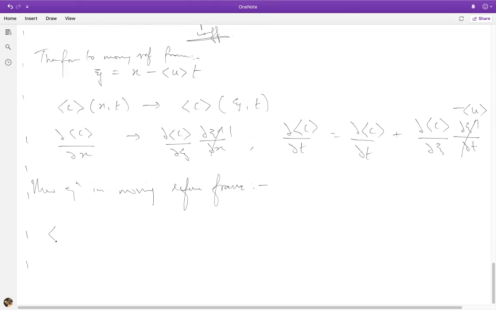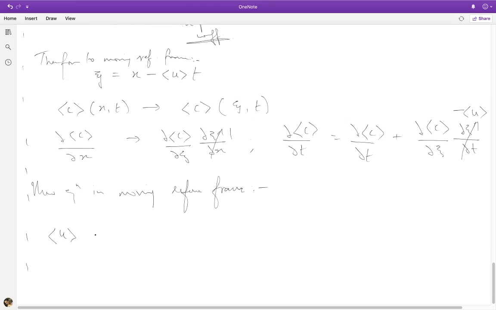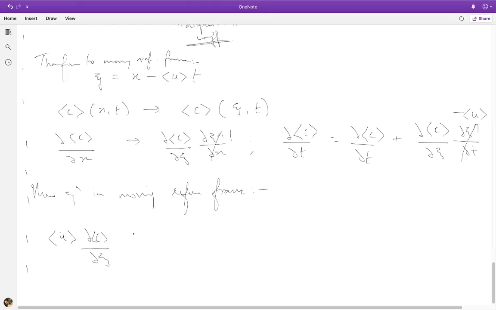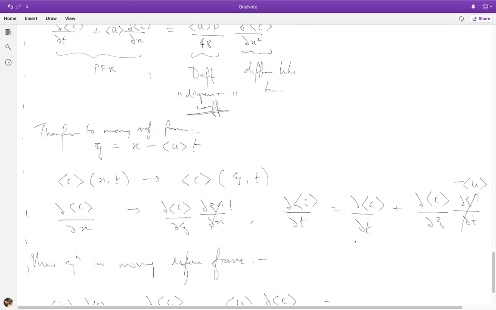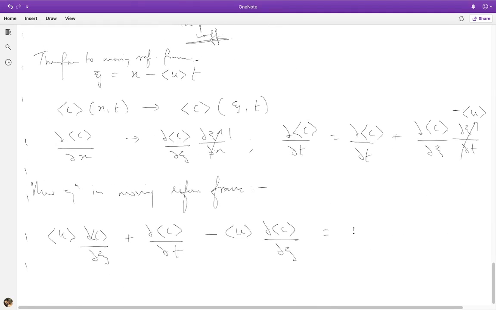Let me write it down. So I have u dou c dou zeta from the advection term, and the temporal term gives me two contributions, minus u from this term here. And you can show the right hand side remains unchanged.